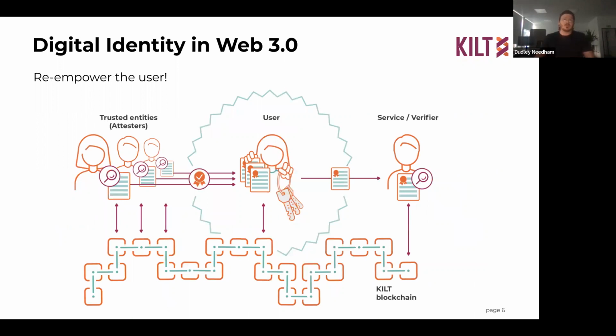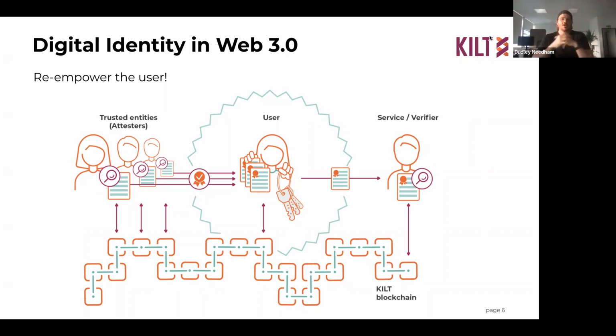So what do we want to do in Web3? What we want to do in Web3 is really give back control to the user, and we use some techniques from the Web3 consortiums for the attester, the user who is the claimer, and the verifier.